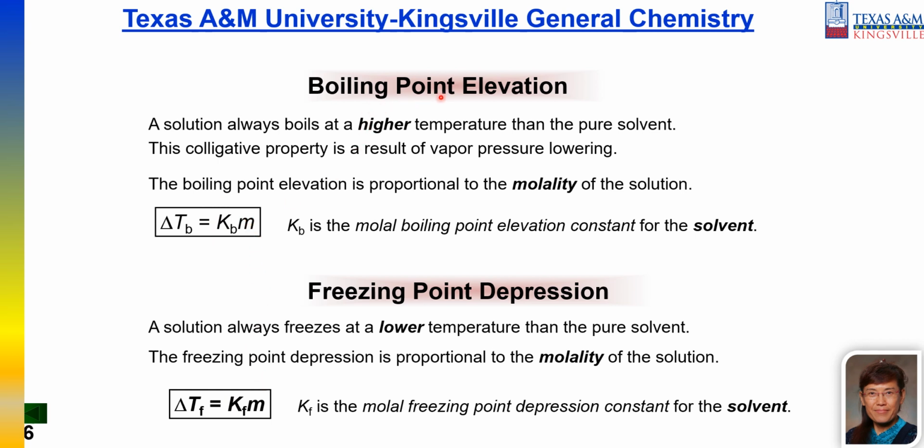You are going to calculate these two values using your molality. Regarding the boiling point elevation, we need to know a solution always boils at a higher temperature than the pure solvent. The colligative property is the result of the vapor pressure lowering. The boiling point elevation is proportional to the molality of the solution.